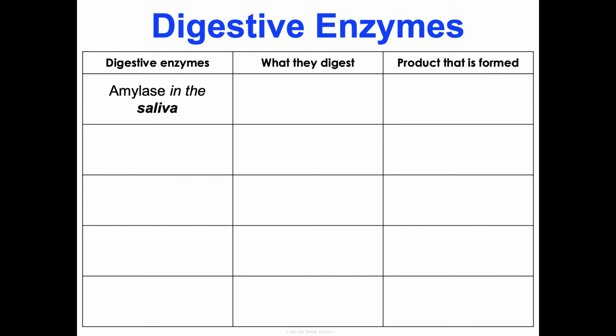So amylase is a digestive enzyme. It's mainly in your saliva. Your salivary glands secrete it, and it starts the digestion of starches, which, if you remember from Biology 1, are complex carbohydrates. So it starts that process in your mouth. Amylase is trying to break those starches down into a simpler subcomponent, which is maltose, a disaccharide.